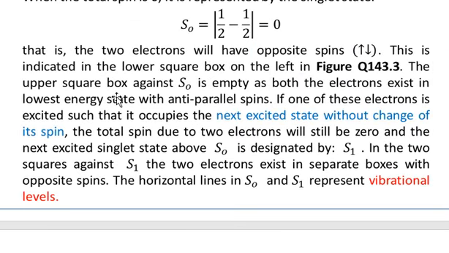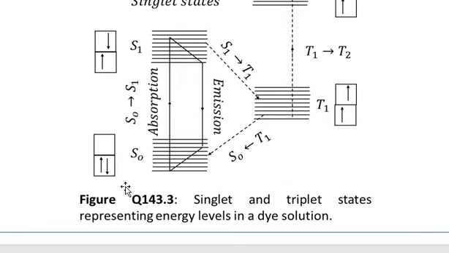The upper square box against S0 is empty, as both the electrons exist in the lowest energy state with anti-parallel spins. For example, if both electrons are present in the singlet state S0, of course the state S1 will be empty.